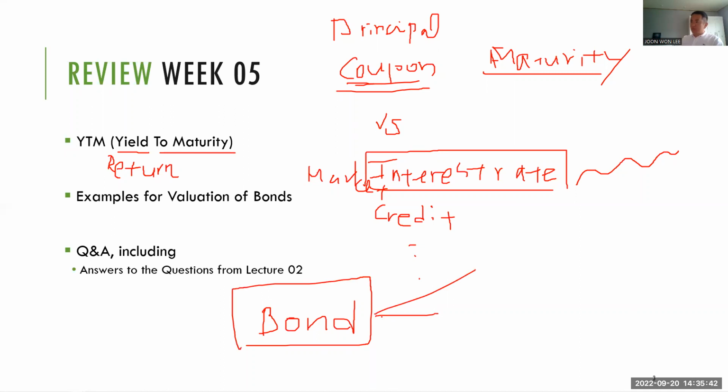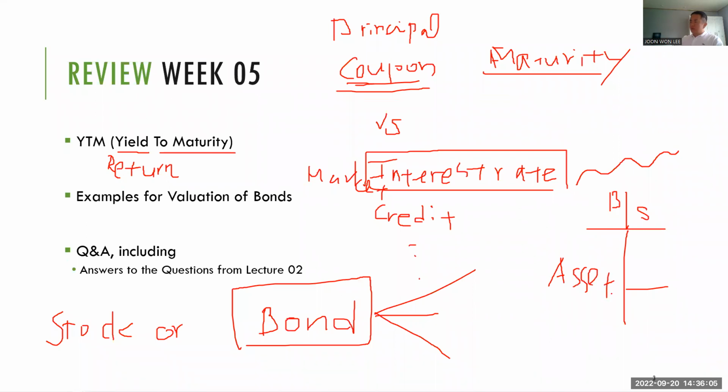Why do we talk about bonds? Because of bond or stock. If you look at the balance sheet of a company, right? On the left side, we have assets, on the right side, liabilities and equity.